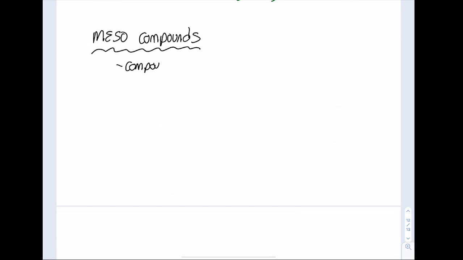So compounds that are achiral, they actually would be superimposable. They're actually the same thing. So molecules that are achiral but contain chiral centers.